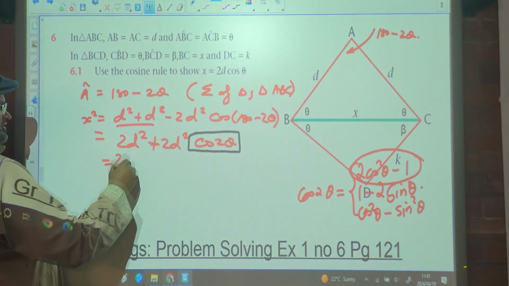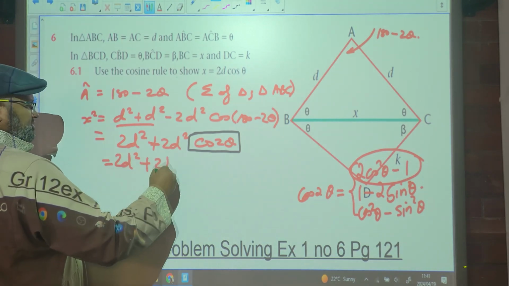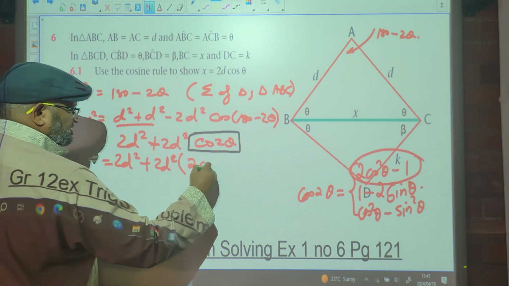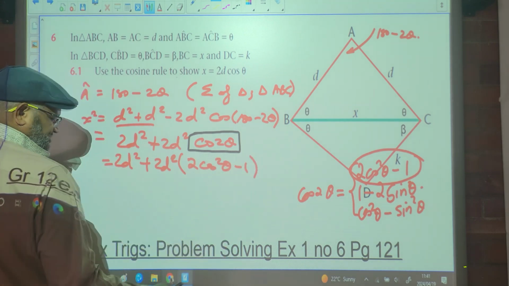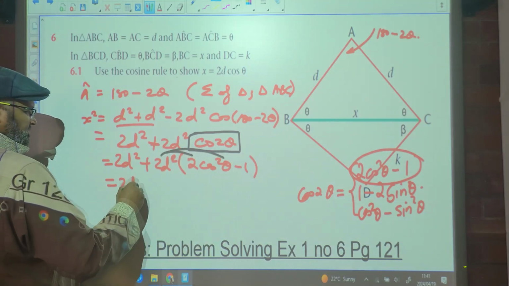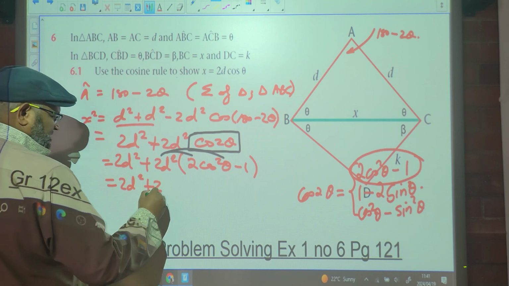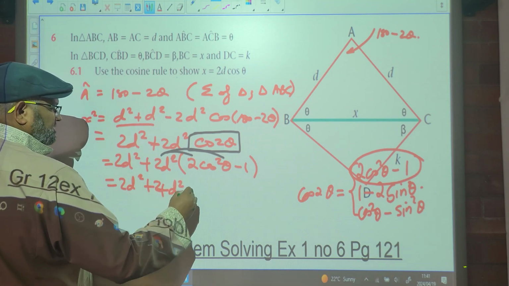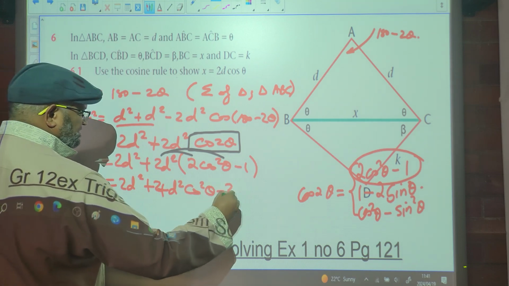So we're going to get 2d squared plus 2d squared into 2 cos squared theta minus 1. We did that bracket there, so it's going to be 2d squared plus 4d squared cos squared theta minus 2d squared.